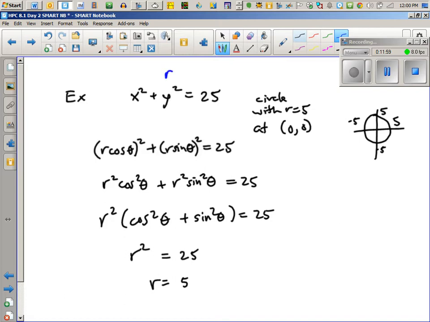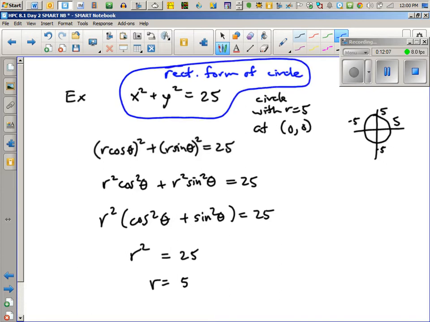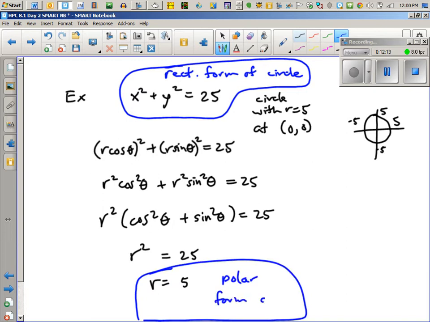This is rectangular form of a circle. But look at the polar form of a circle. It's so simple. R equals 5.